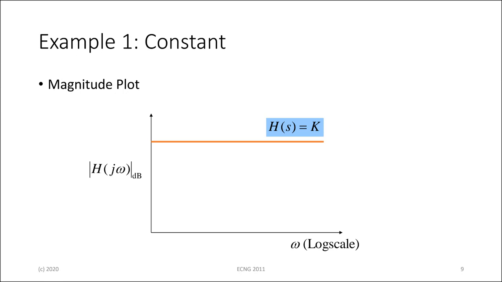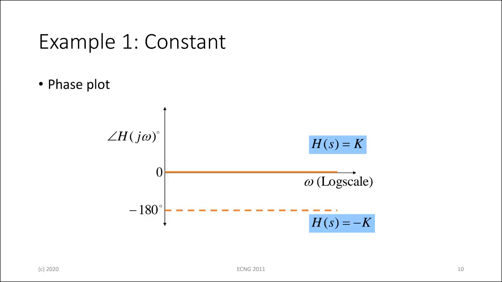A constant for all frequencies, because that's what H(s) is. And for the phase, if K is positive, then the phase plot is 0 for all frequencies. And if K happens to be negative, then the phase plot is going to be minus 180 degrees. Yeah?